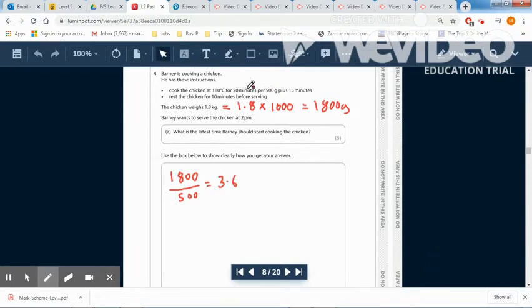So for every 500 grams, we need 20 minutes, and there's 3.6 times 500 grams. So then we need to say 3.6 multiplied by 20 minutes. So that is 72 minutes.